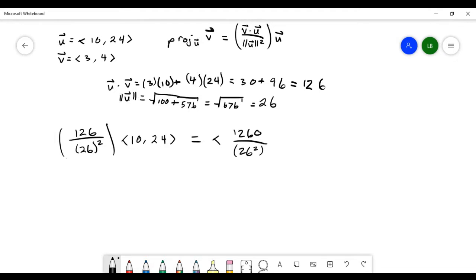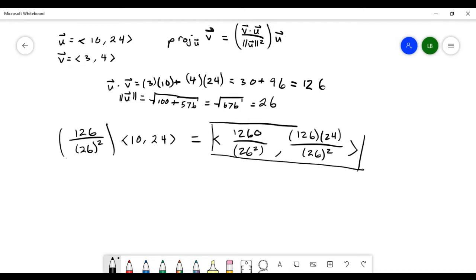I'm not going to bother simplifying this because you guys know how to simplify fractions. There you have it. That would be the projection of v onto u.